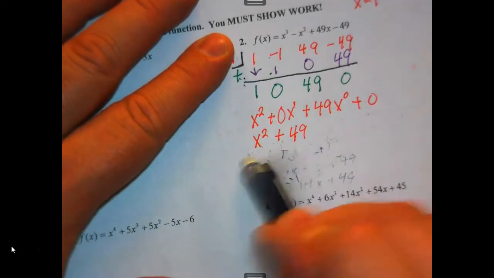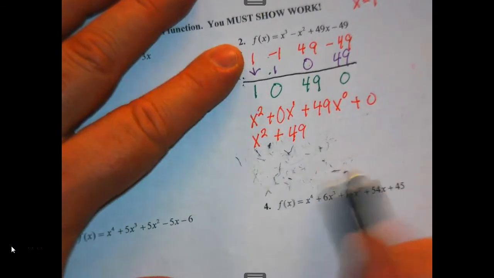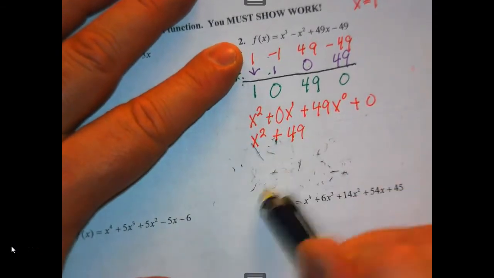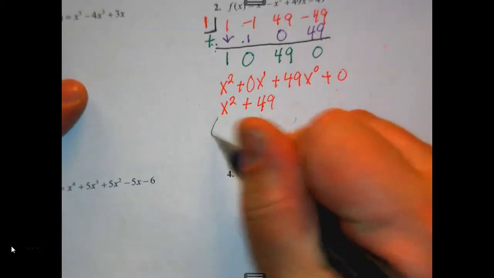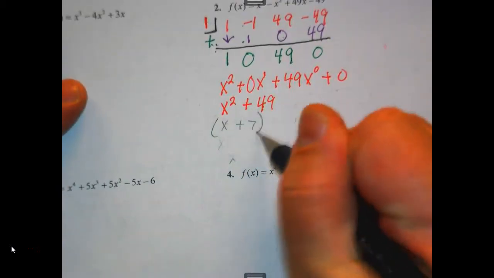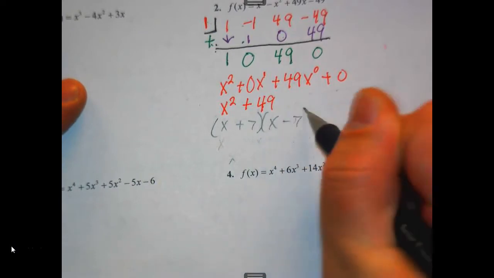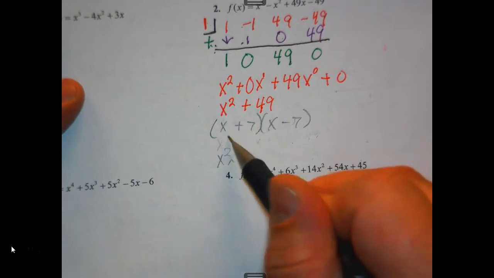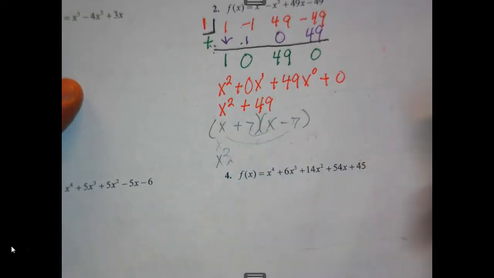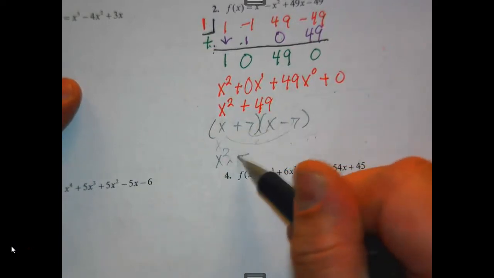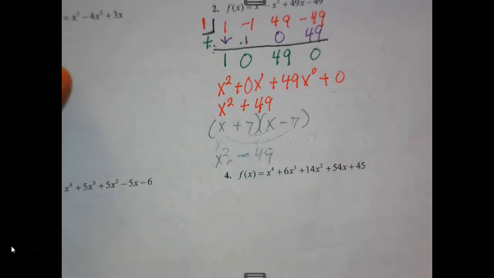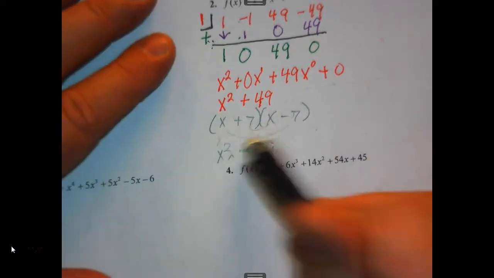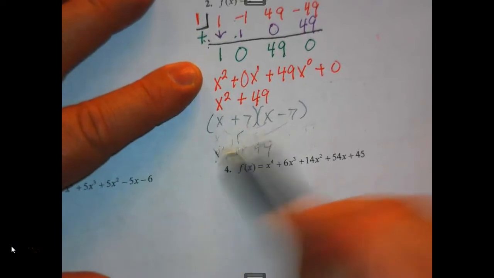Plus and minus? All right, let's try the plus minus first. X plus 7, x minus 7. That gives me x squared, zeroes out my x, but gives me minus 49. Oh, that doesn't work. What do you want? Negative, negative?